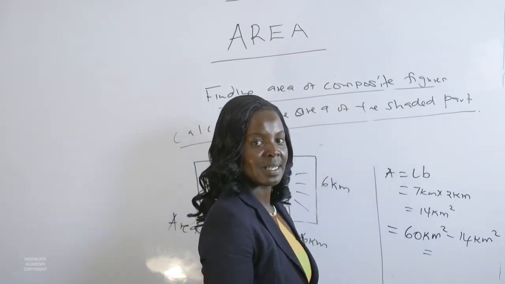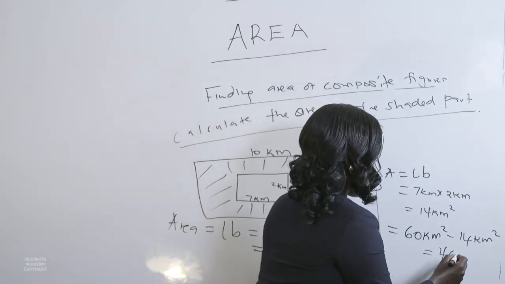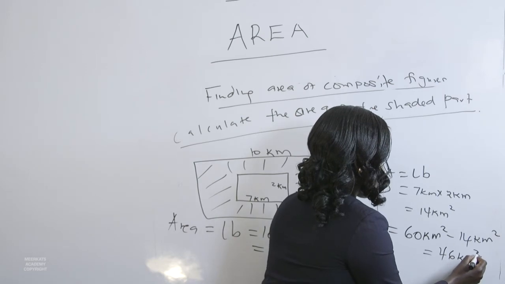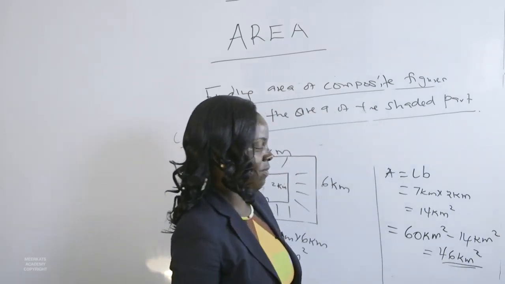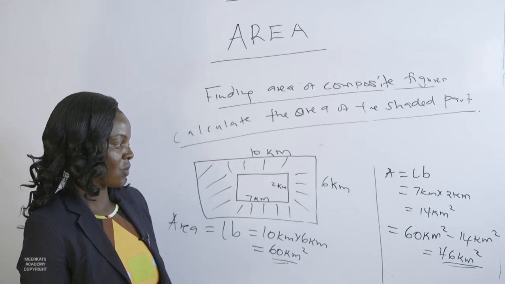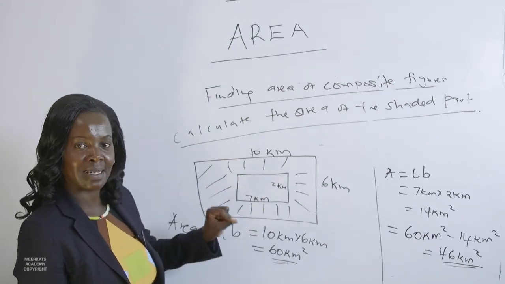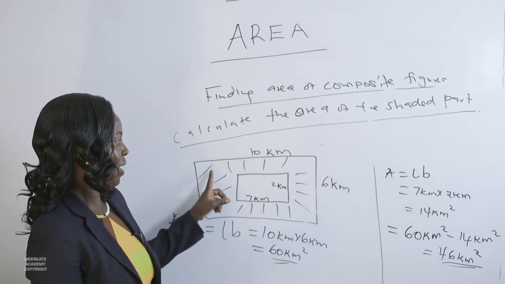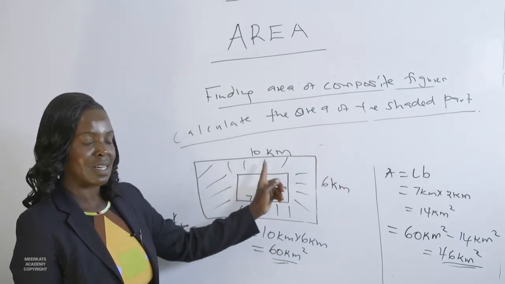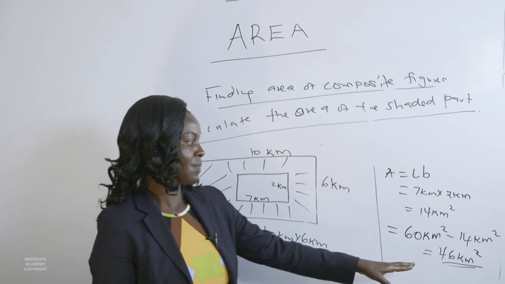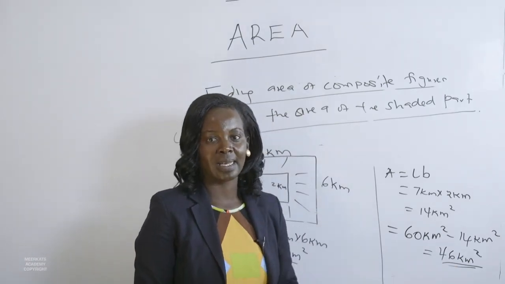And that will give us 46 square kilometers. So we have subtracted the region that is not required, and now we are remaining with the surface that is required, which is 46 square kilometers.